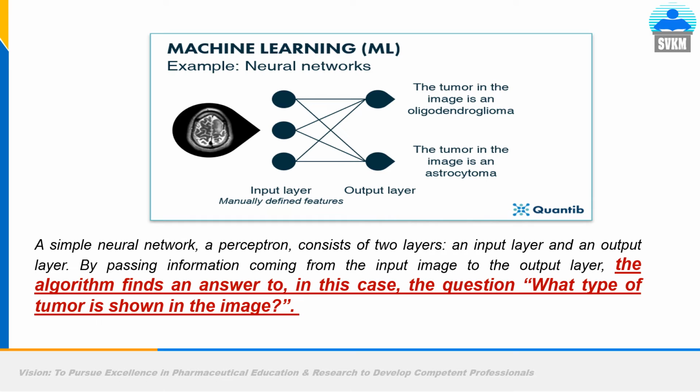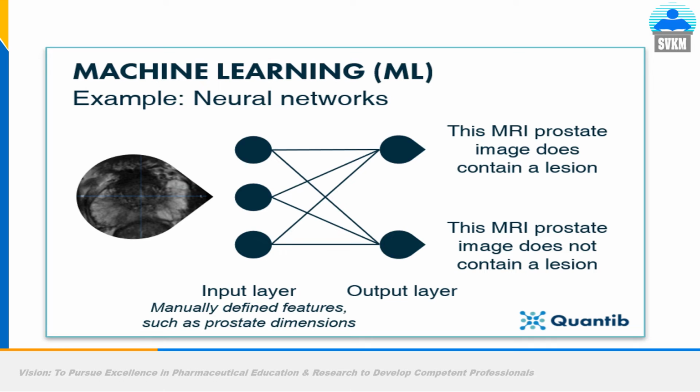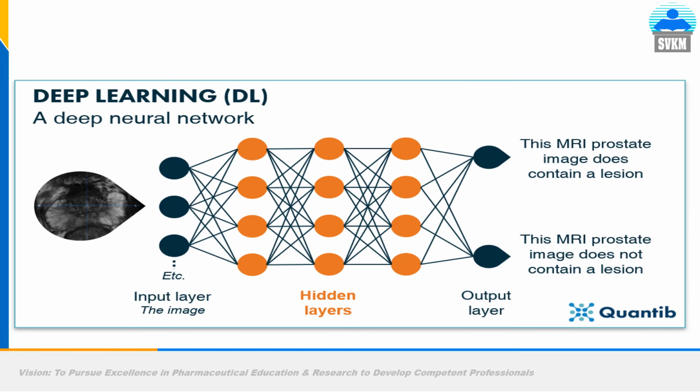The tumor in the image is an oligodendroglioma, or the tumor in the image is an astrocytoma. So the input layer has the features of the image, and the output gives two types of classification. Another example: input is given, and you get the output. This MRI prostate image does contain a lesion. This MRI prostate image doesn't contain a lesion. It is a classification type of problem based on a neural network.